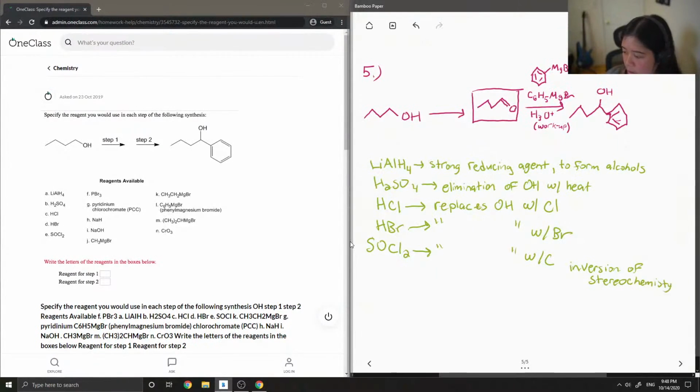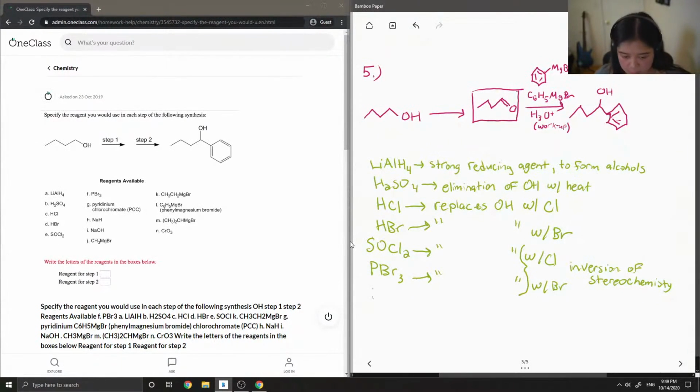This question doesn't even ask about stereochemistry, so we can just rule out that as well. And then similarly, this PBr3 does the same thing, replaces it with Br, and there's an inversion of stereochemistry.